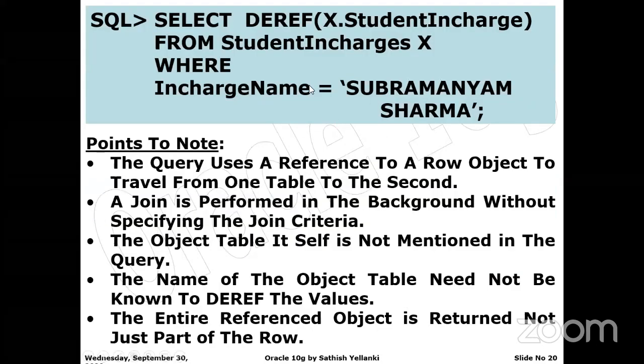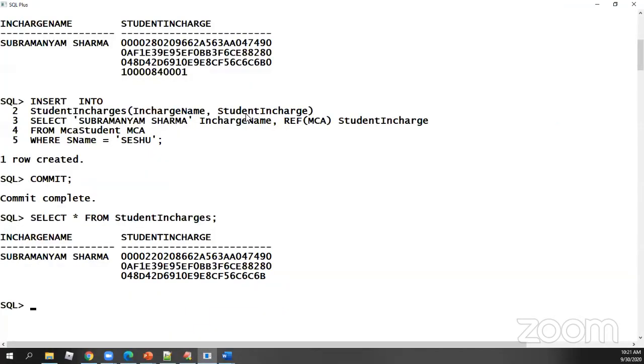So in the next few minutes, I want you to understand how the deref is working now, and the other wonderful things what deref actually does in all these circumstances. So let us see what exactly the deref does.